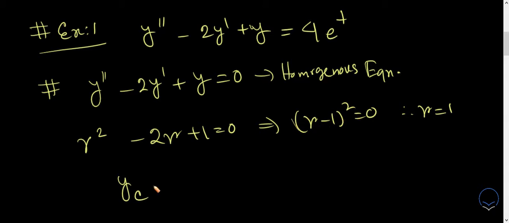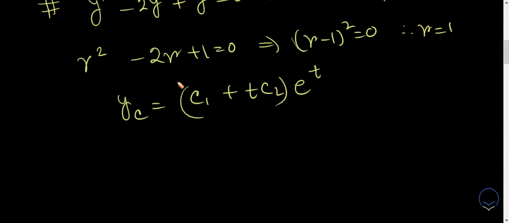So our complementary solution will be c1 plus t c2 times e to the power t, since r equals 1. This is from your past lectures on solving second order homogeneous equations where you have repeated characteristic roots.